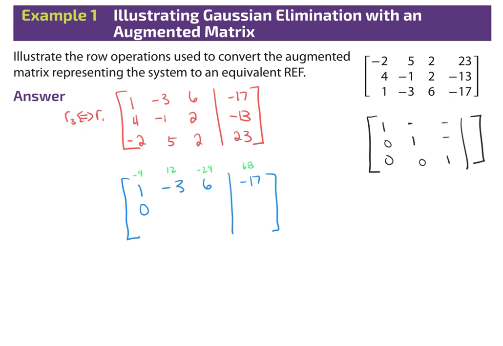No. Negative 11. Sorry, I added to the wrong row. I'm already switching it up. All right. So I'm going to say a 12 and a negative 1. And then a negative 24 and a positive 2. Right? And then I'm going to say a positive 68 and a negative 13. All right, so far so good.